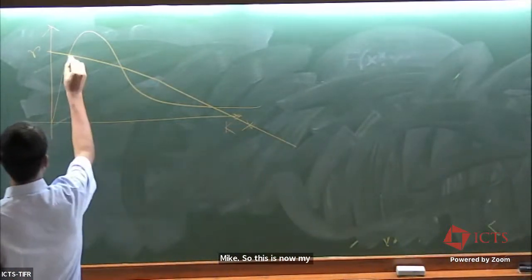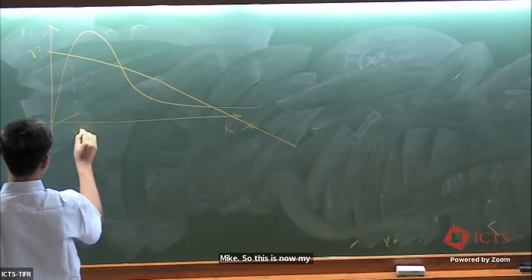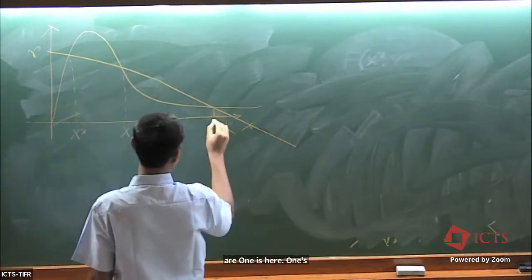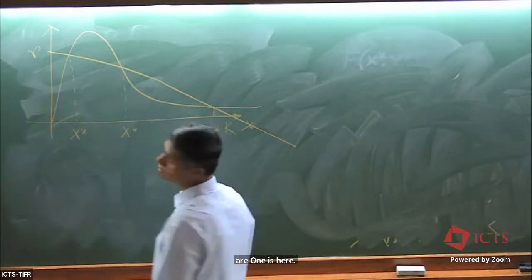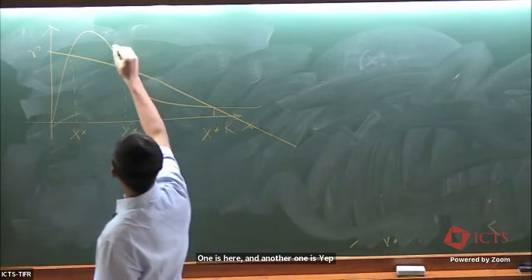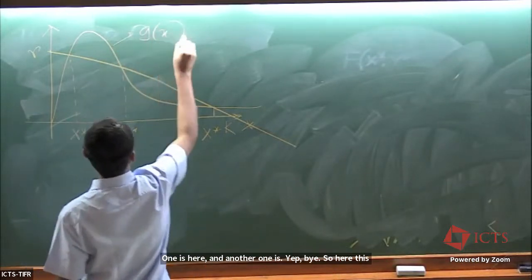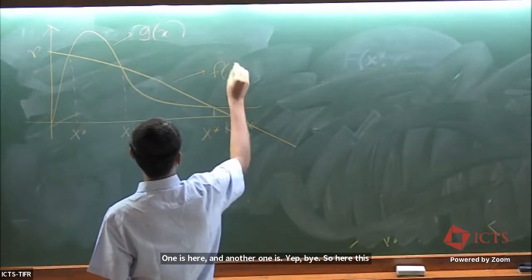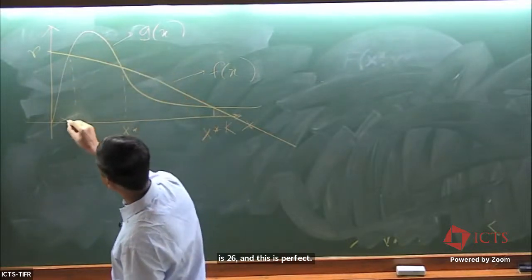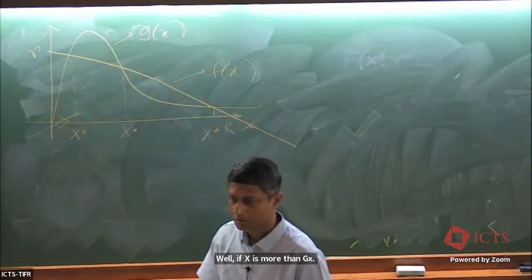So my equilibrium points are, one is here, another one is here, and another one is there, right? So here, this is my gx and this is fx. Now fx is more than gx here, so motion will be towards its right.